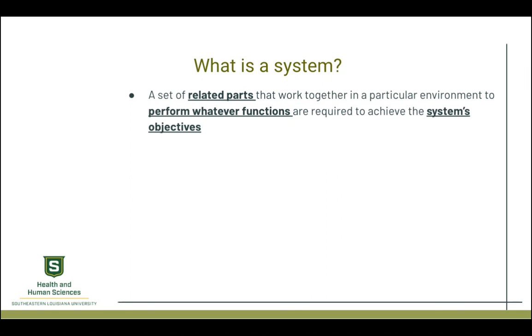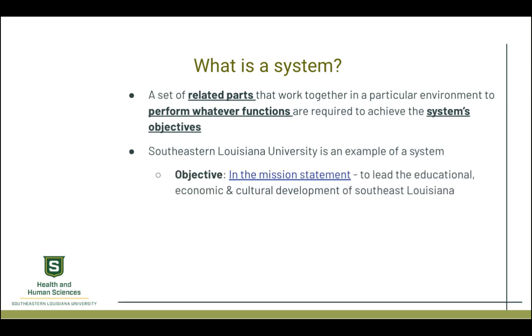To explain it, I'm going to use Southeastern Louisiana as an illustration of what a system is. In this example, the objective of Southeastern Louisiana can be found in the mission statement, which says that the institution is working towards leading the educational, economic, and cultural development of Southeast Louisiana.